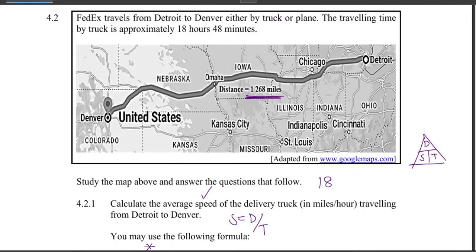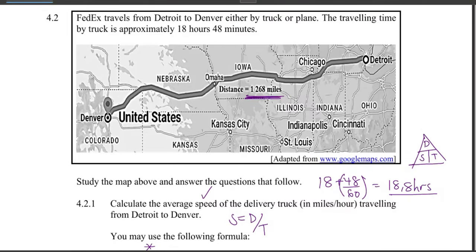18 are hours already. So change the 48 minutes to hours. That will bring us to 18 plus 48 divided by 60, which becomes 18,8 hours.